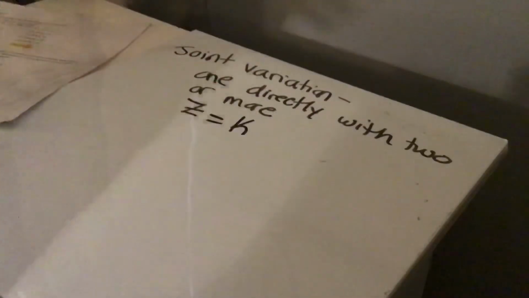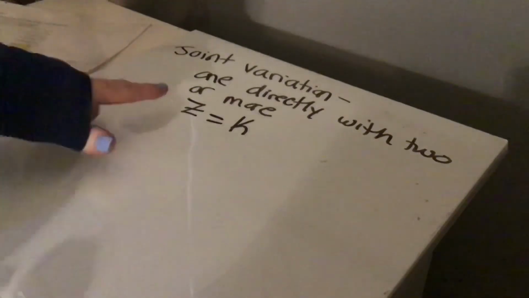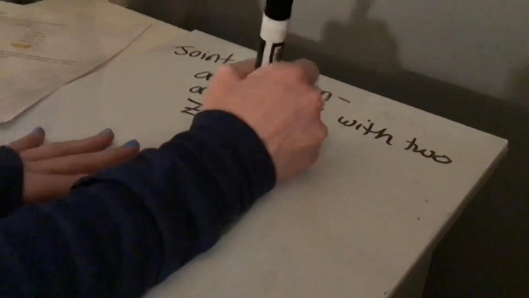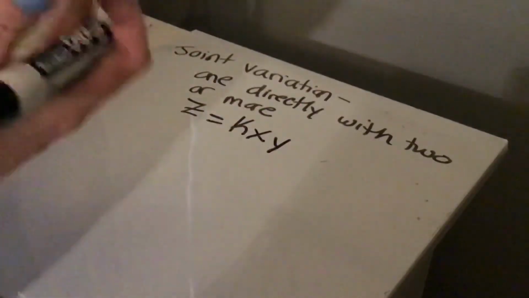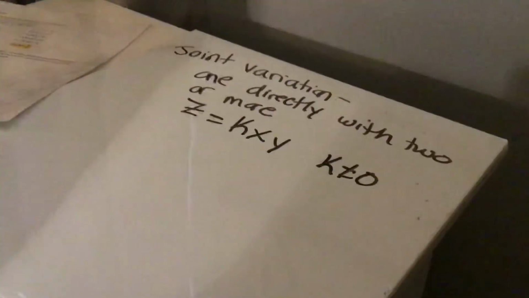You always have that constant, okay? That's what k is, a constant. It tells us how exactly they relate. So z varies jointly with x and y. Z is going to equal k times xy, because it's saying it is direct variation with two or more other variables.